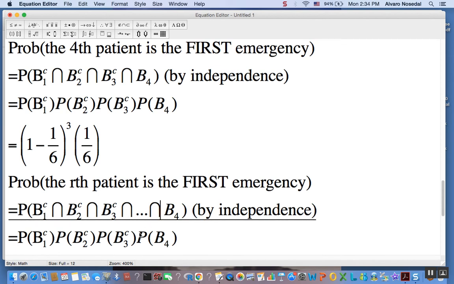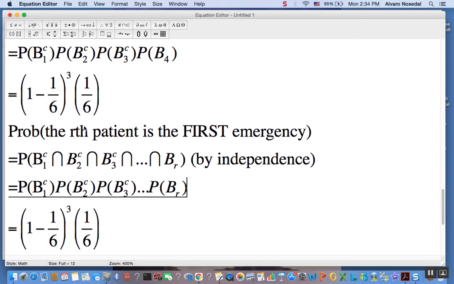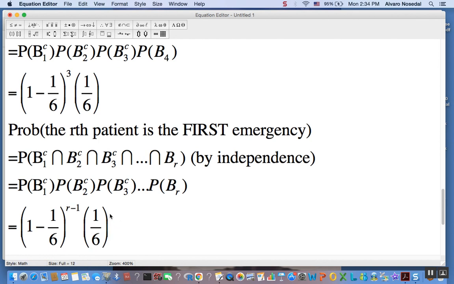That means that the first r minus 1 cases were not emergency cases, and then the rth case is our emergency case, right? Same ideas hold. Instead of having 3 non-emergency cases, we have r minus 1, and then the rth is the emergency.